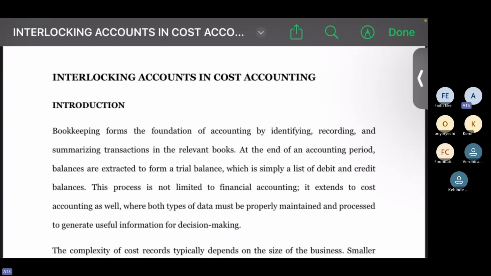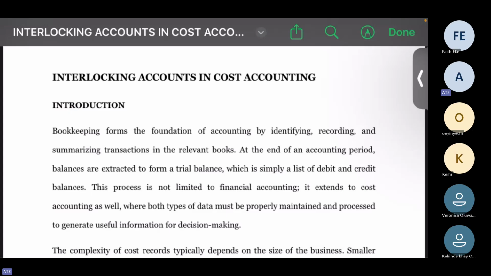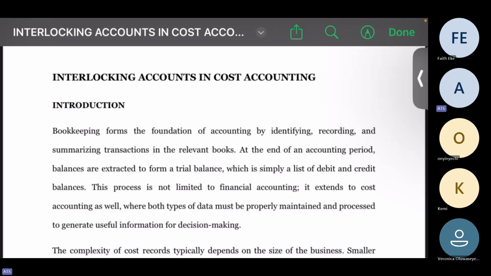But for management reasons, when you want to set prices, you're not really concerned about some things that financial accounting deals with. So you have to prepare cost accounts specific to what you are doing in cost accounting.